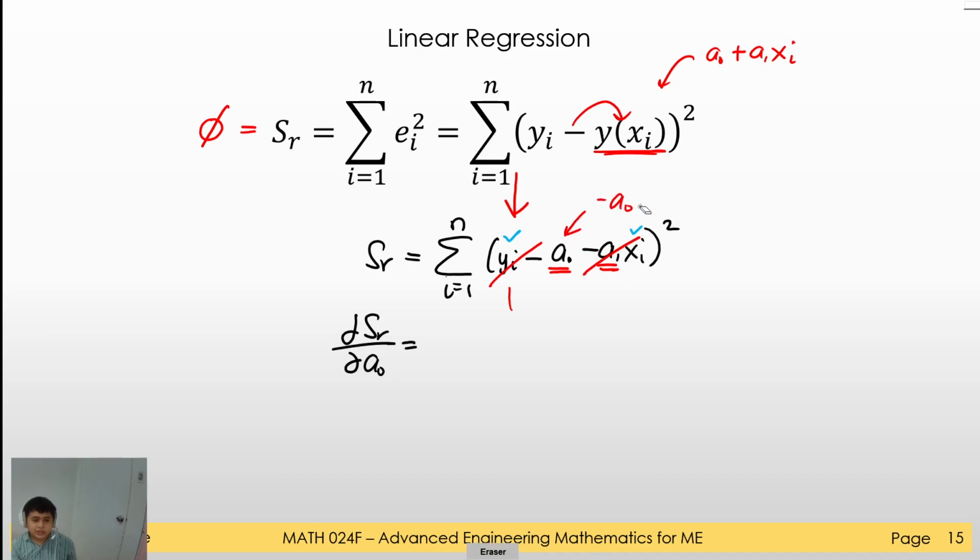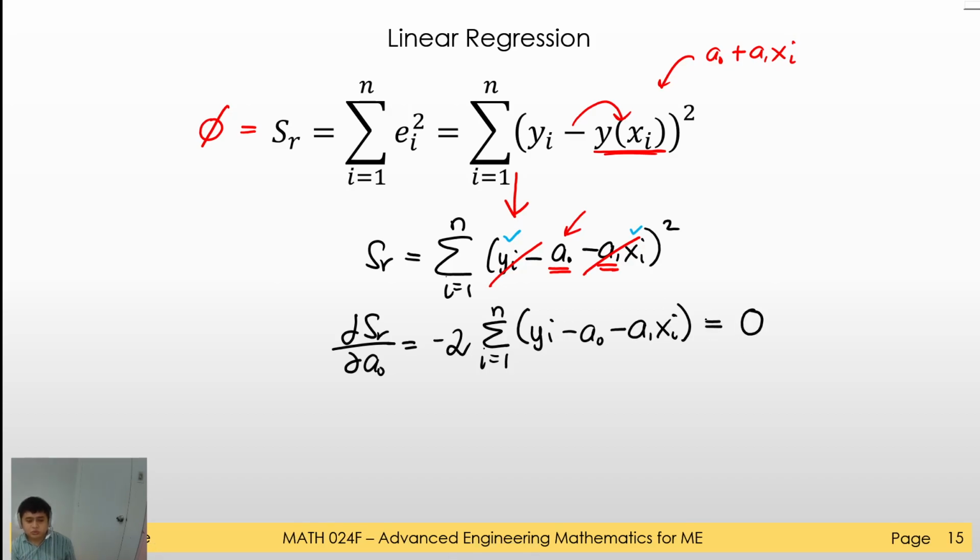Negative 1. So therefore we have negative 2, so 2 times negative 1, and then the summation of i equals 1 to n of yi minus a naught minus a1 xi. We reduce the exponent to 1 due to the power rule, so this will be just 1. Now to find the minimum error, we can equate this to 0.